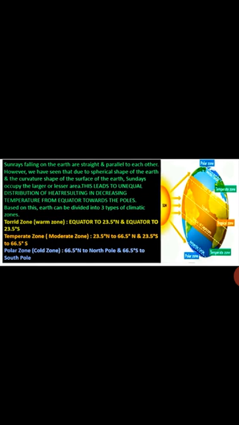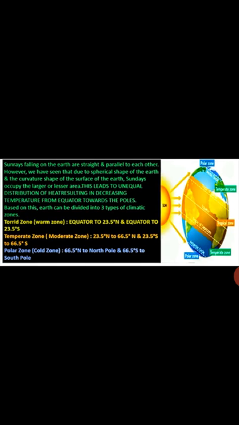Okay, A, B and C. However, we have seen that due to the spherical shape of the earth and the resultant curvature of the surface, they occupy a larger and lesser area. This leads to unequal distribution of the heat received from the sun, resulting in decreasing temperature from the equator to the north and south poles.